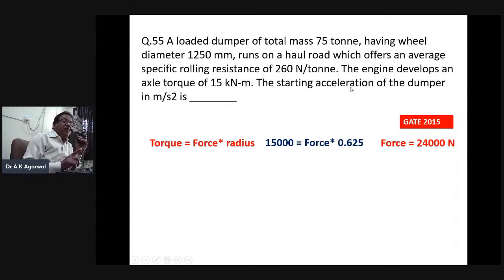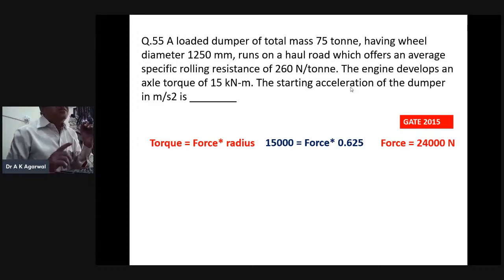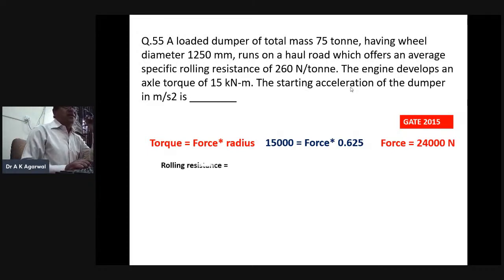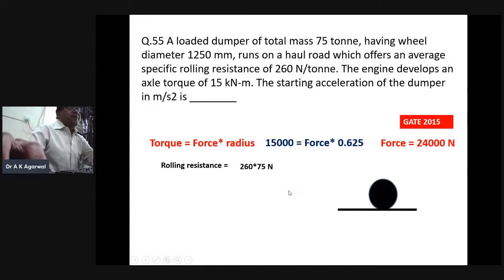Remember that he is asking acceleration. Force is equal to mass into acceleration. Let us see. Rolling resistance is equal to 260 into 75 because weight is 75 ton and rolling resistance is 260 Newton per ton. Suppose this is the dumper. In this direction force is acting.